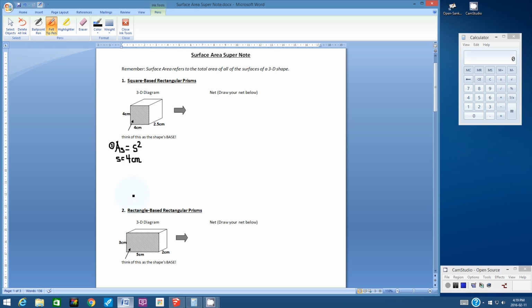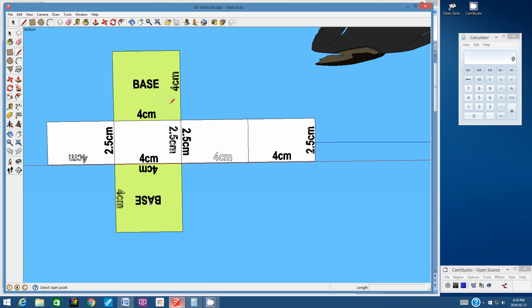Okay, all right, so let's substitute what we know into our formula. Area equals 4 times 4 equals 16 centimeters squared. So 1 square is going to be 16 centimeters squared for its area. But how many squares were there in your net? Well, there were 2 bases and they were congruent.